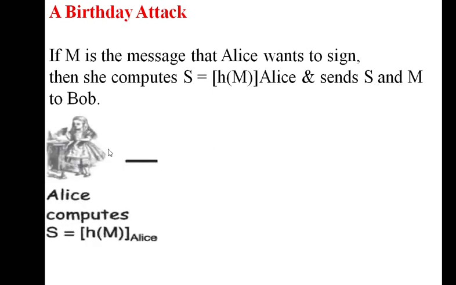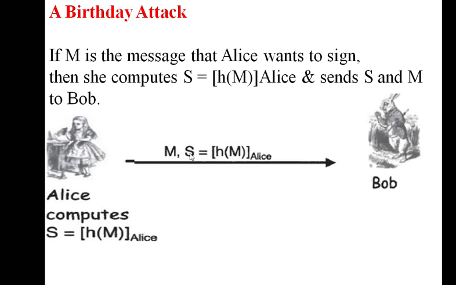She wants to send a message to Bob, so before sending she has to calculate her signature. How will she calculate it? Based on the hash value, computed using hash algorithms. After calculating, she sends both M, the message, and S, the signature, to Bob. Then Bob verifies her signature, and if the signature matches, he accepts the message.